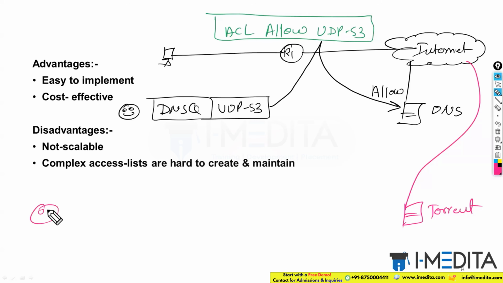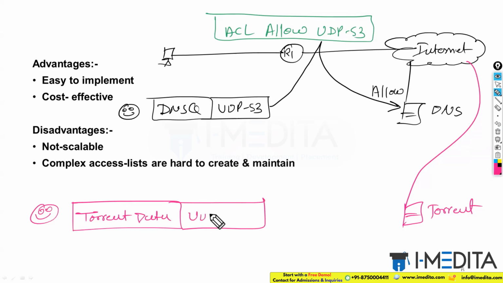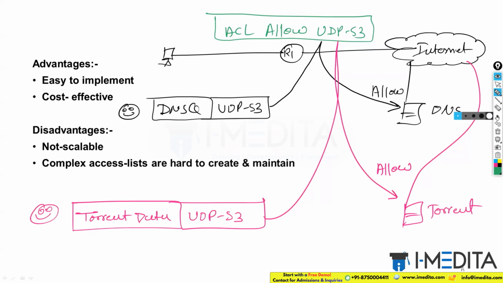Now, a user will use torrent data that will be encapsulated under UDP 53 and that will be allowed too. We only want to allow DNS, but we don't want to allow torrent. This we can't do with the help of ACL.